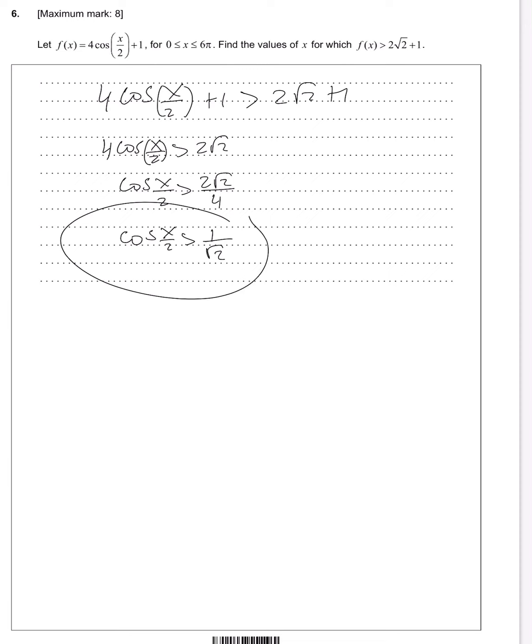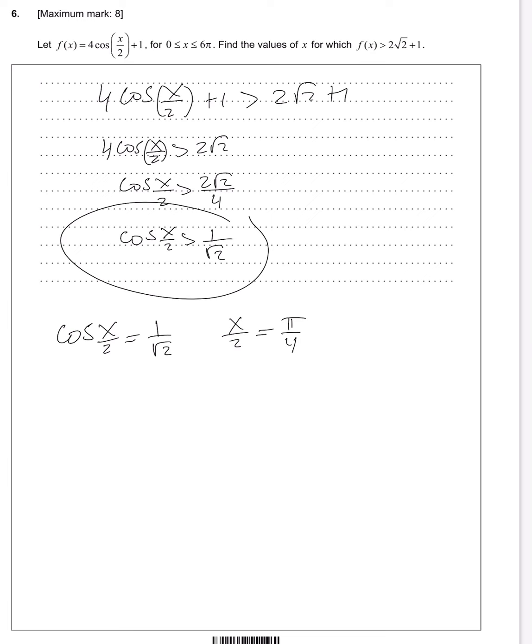So cosine, just in general, cosine of x over 2 is equal to 1 over root 2. And here you really need to remember your unit circle. This is when x over 2 is equal to pi over 4.